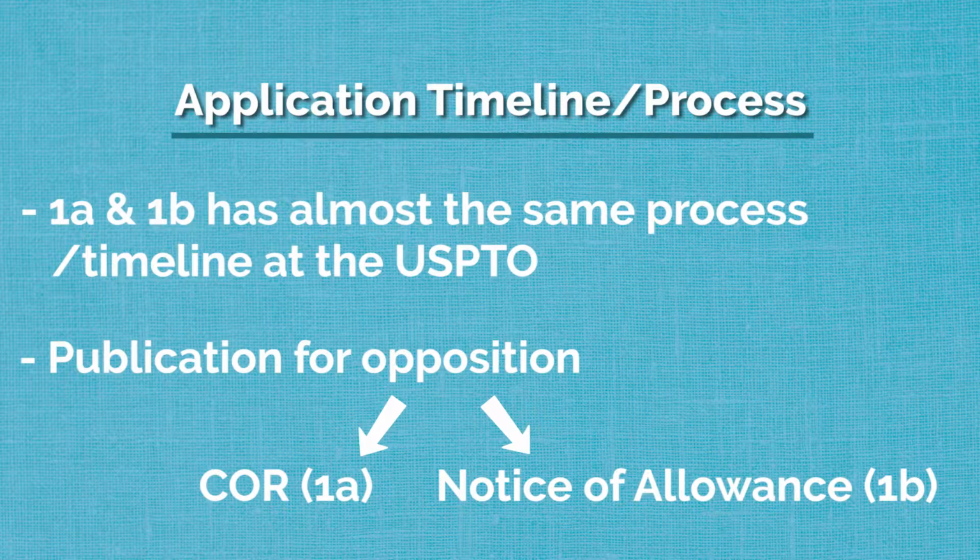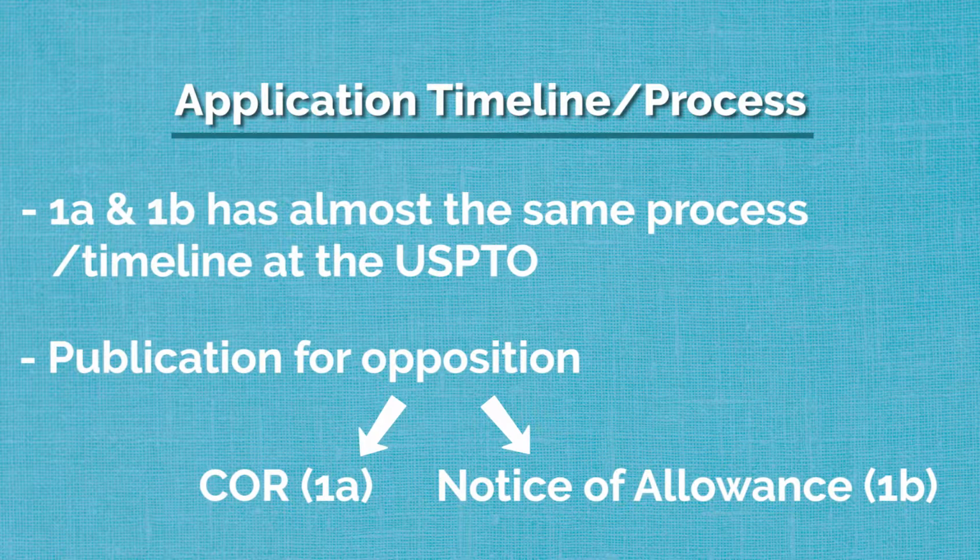And at that point, once it's assigned, the attorney at the USPTO will go ahead and review your application for any mistakes you might have made. And if it's a 1A application, take a look at the specimen. And if there is anything wrong with the application, they'll go ahead and issue an office action, okay?